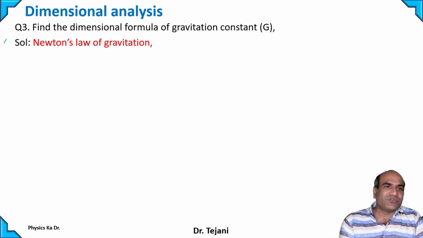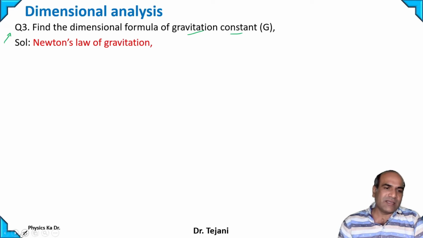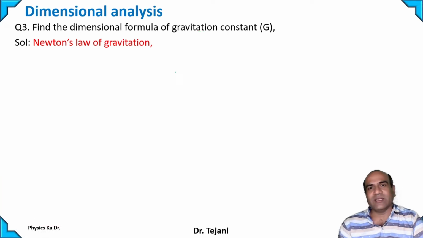So question number 3: find the dimensional formula of the gravitational constant. See, in many cases in NEET and JEE, the equations are not given, and this is an equation where we should know the formula.